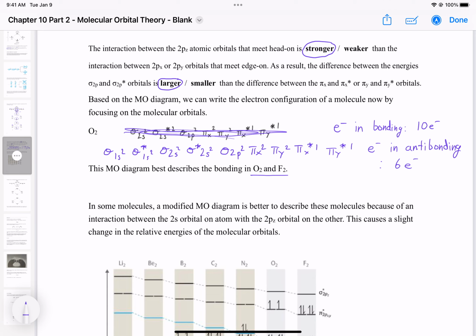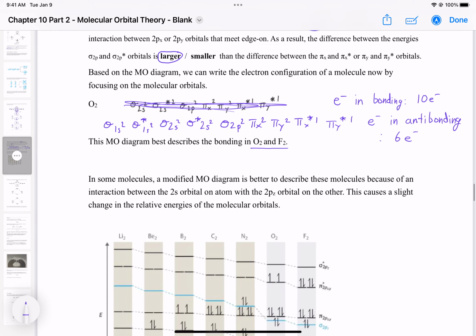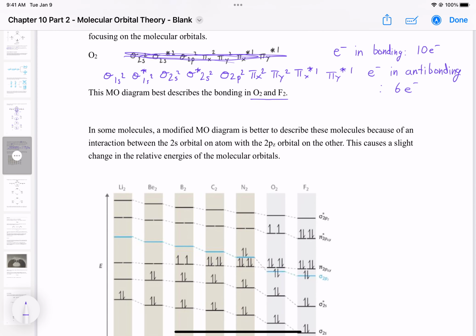Okay, however, in some molecules there's a modified MO diagram that's used to better describe them. That's because of the interaction between the 2s orbital and the 2pz orbital on the other atom, and this causes a change in the energy levels of the molecular orbitals that we saw before.